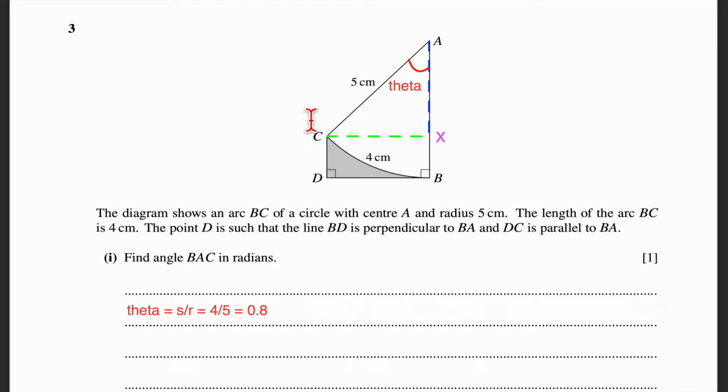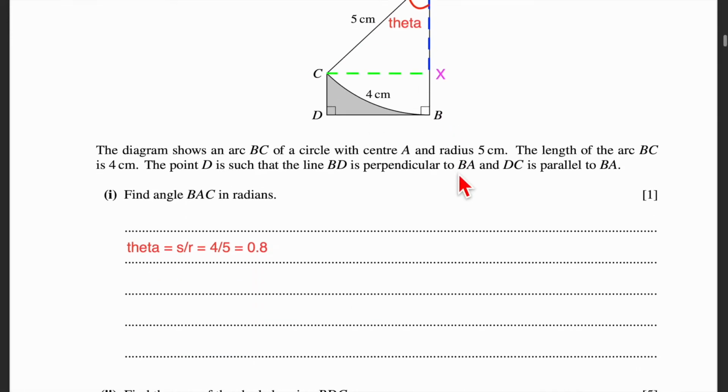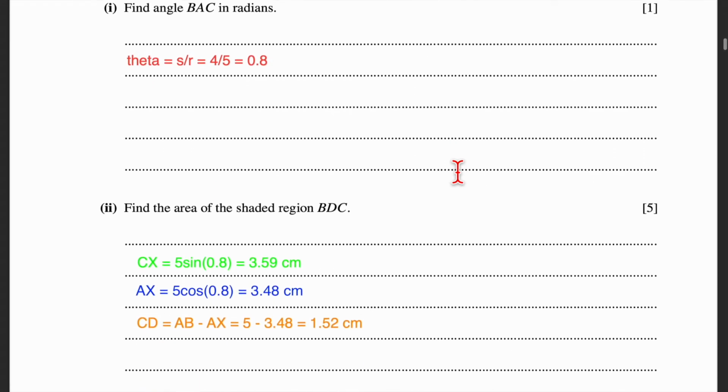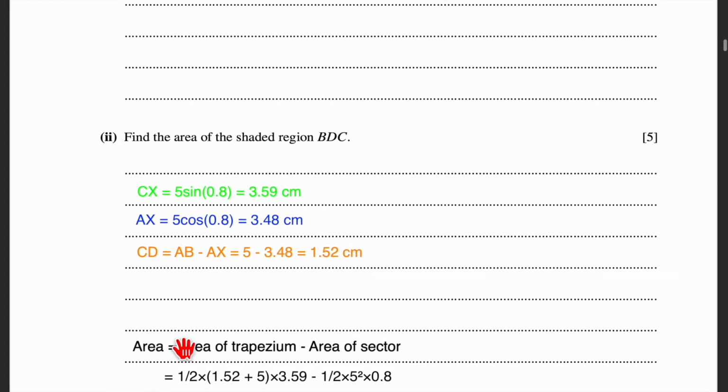When you have one pair of parallel sides, DC and BA, we're told they're parallel, the shape you have is a trapezium. So to find the shaded area, it's going to be the area of the trapezium minus the area of the sector. I think that's what I've written down here.